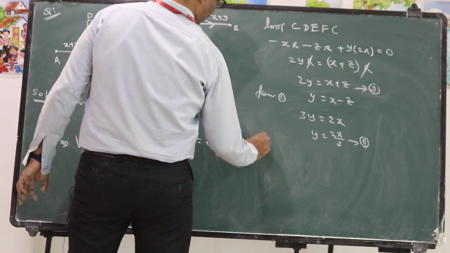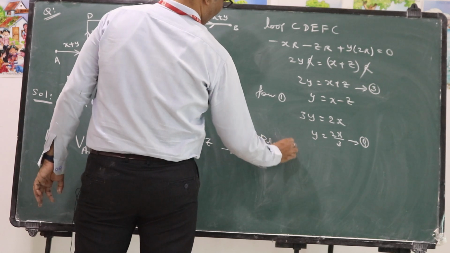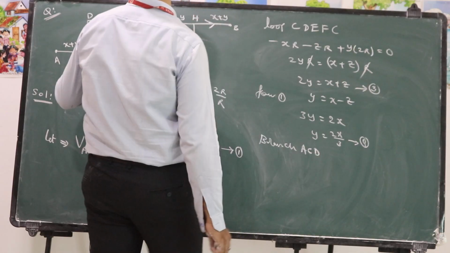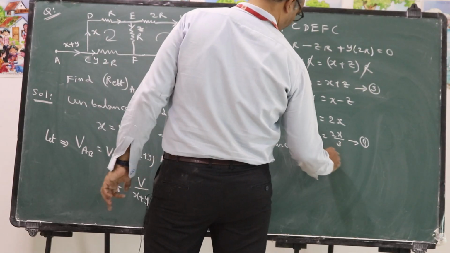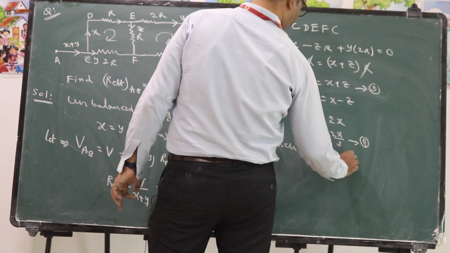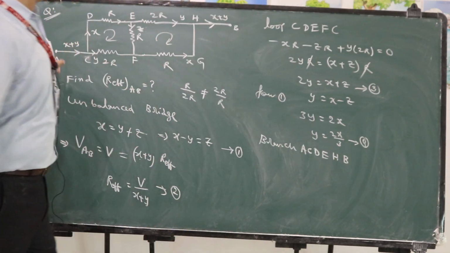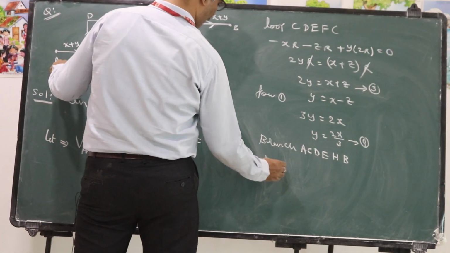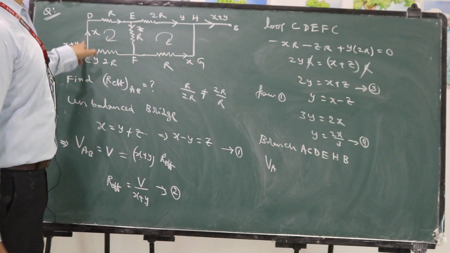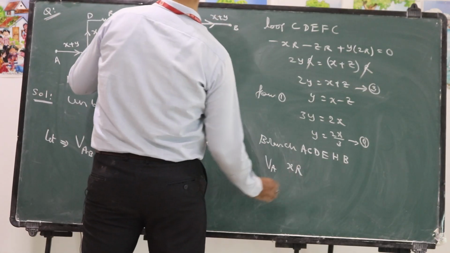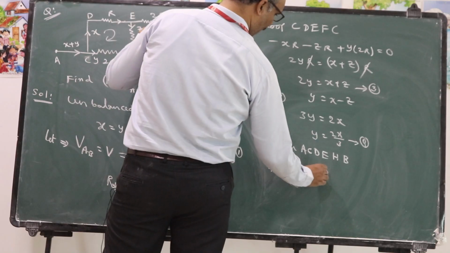Now let me take a branch A, C, D, E, H, B. In this branch, if I take potential at A as VA, potential drop at this point is XR, potential drop here is 2RY.